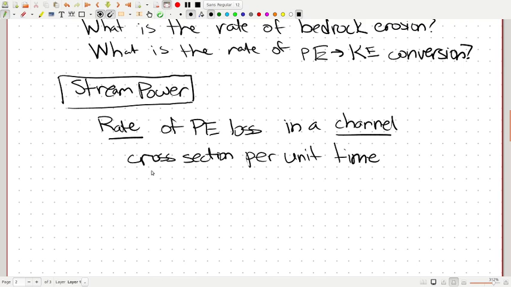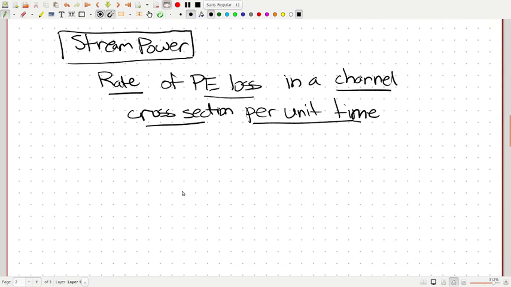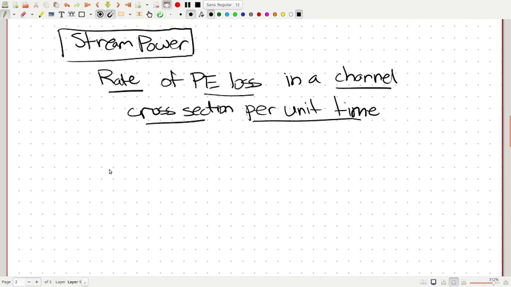So underline channel cross-section per unit time and potential energy loss. So basically everything that's not just a word connecting some other words.